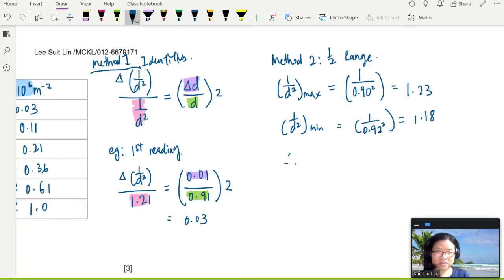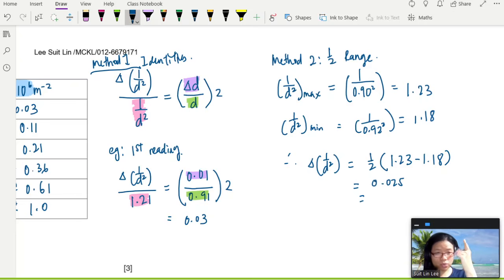So hence, the uncertainty of 1 over d square will be half multiplied by the range, 1.23 minus 1.18. Guys, you can see how painful this can be. So this will be 0.025, written to 1 SF, it is 0.03. So you can see it's the same number, or it will be close to each other.